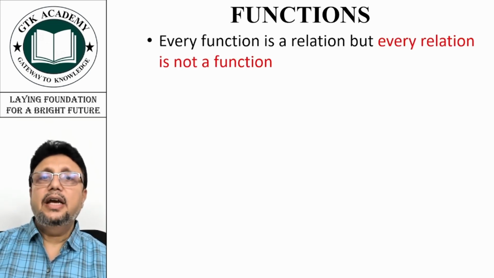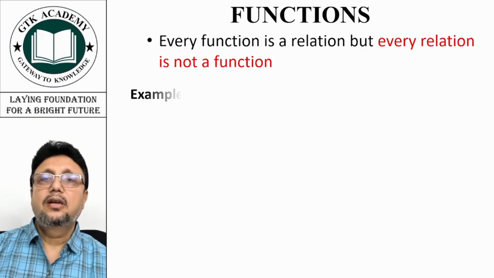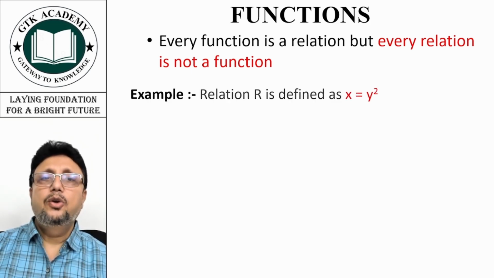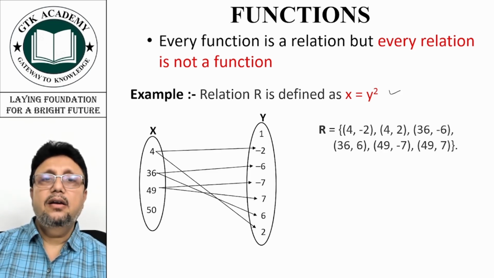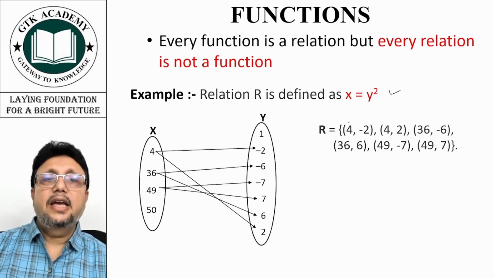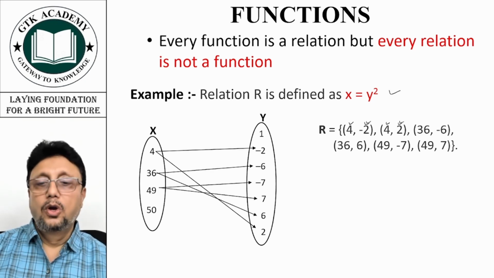Every function is a relation, but every relation is not a function. Example, you just saw this example, x is equal to y square, which we discussed just now. Here, you can see for the same value of x, that is 4, you have two values of y, minus 2 and plus 2.